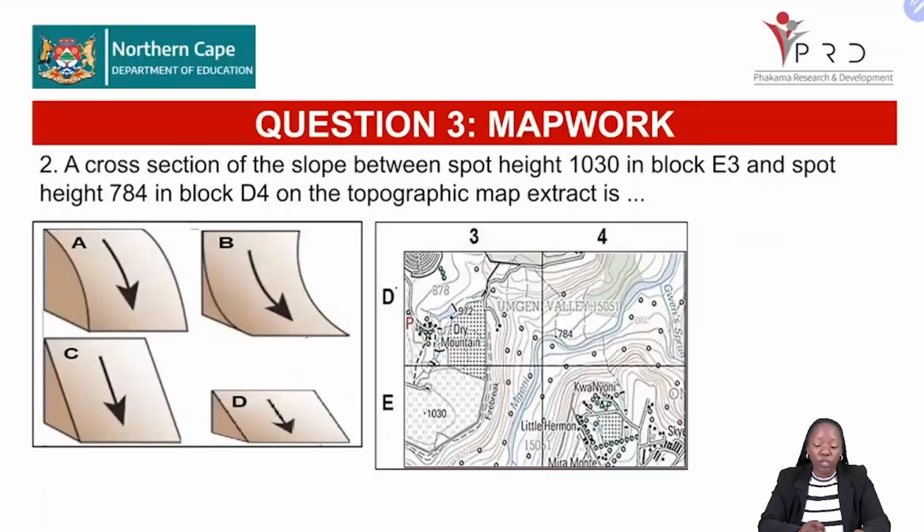In our next question, a cross-section of the slope between spot height 1030 in block E3 and spot height 784 in block D4 on the topographic map extract is. So here you need to look at the contour lines. Which cross-section does it represent? I'm going to give you 2 minutes, and then after 2 minutes, we'll proceed to the solution.